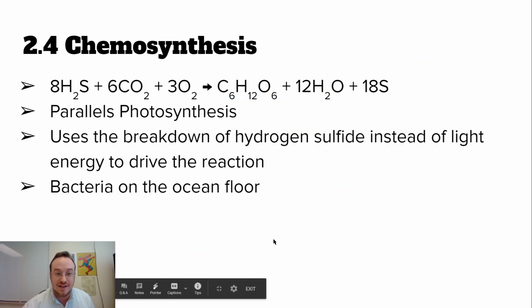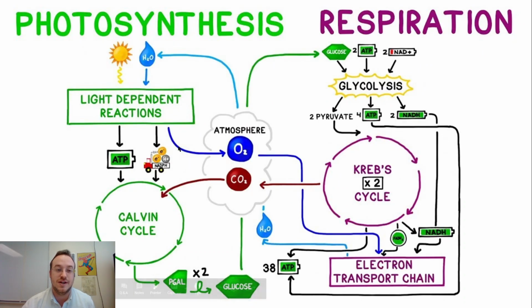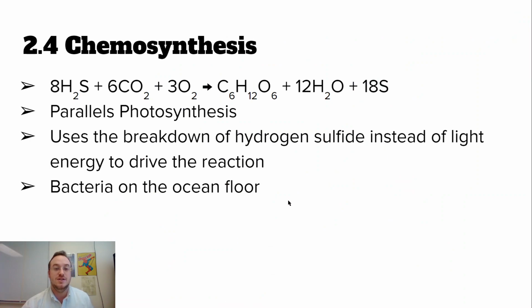All right. If there's no light, though, you can't do photosynthesis, right? If you don't have light, you can't do anything down here, which means this whole right side can't happen because there's no glucose being made. So chemosynthesis, instead of using light energy, is going to use the breakdown of something called hydrogen sulfide, H2S.